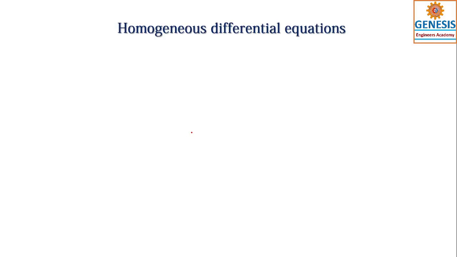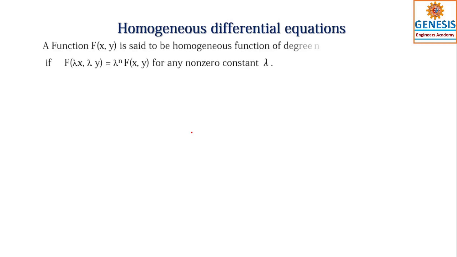Now we will discuss homogeneous. Homogeneous means having the same. What is the same? Okay, homogeneous differential equation. A function f containing x and y terms is said to be a homogeneous function of degree n if it is represented as f of lambda x, lambda y is equal to lambda to the power of n times f of x, y, for any non-zero constant lambda.